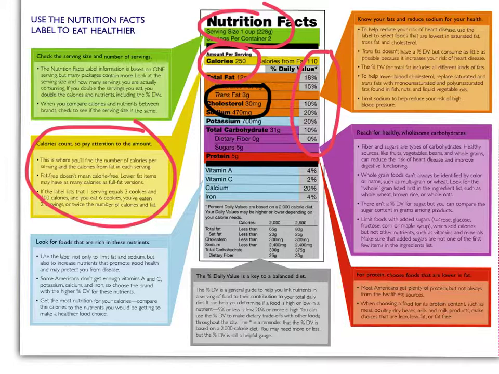Even if you read a label on something that says zero trans fats or no trans fats, you have to be careful, because some products are allowed to say that as long as they have 0.5 grams or less of trans fats. So it's not totally true. So you need to be careful with your cholesterol and your sodium.